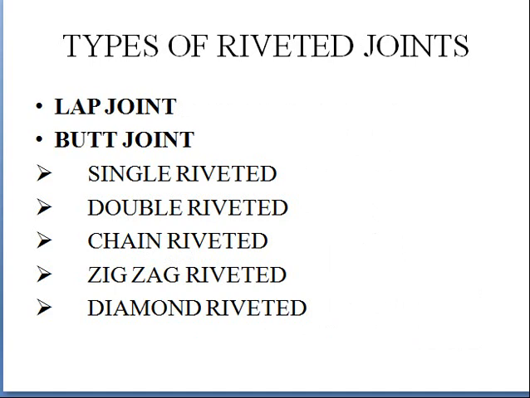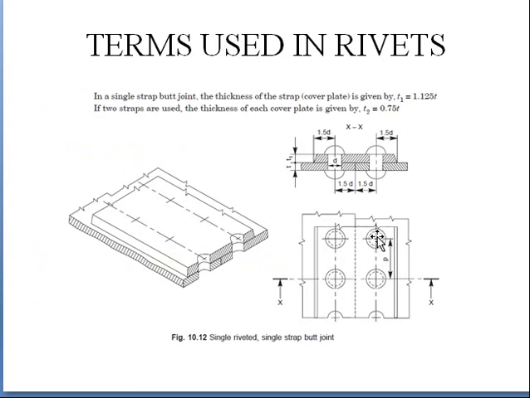Even if it is a lap joint or butt joint, it can be single riveted, double riveted, chain riveted, zigzag riveted, or diamond riveted. Single riveted is if you have only one row of rivets. If we have two rows of rivets, then we call it a double riveted joint. Chain riveted is if you have n number of rivets arranged parallelly like this.